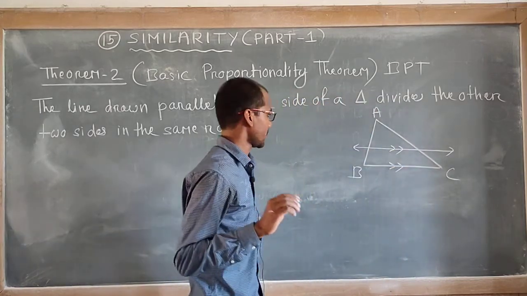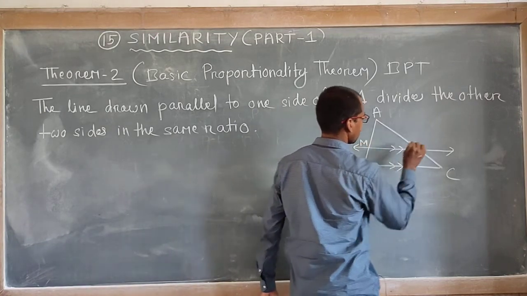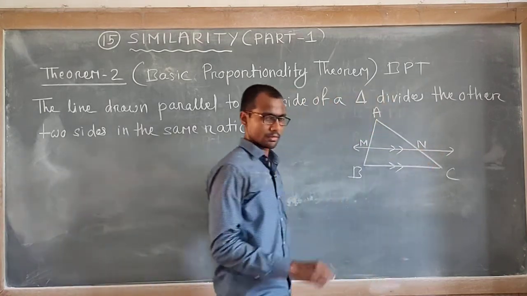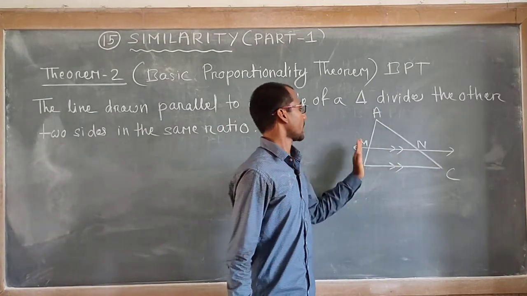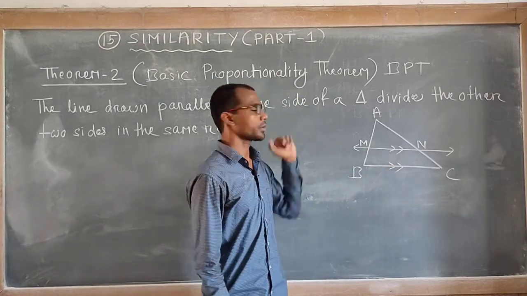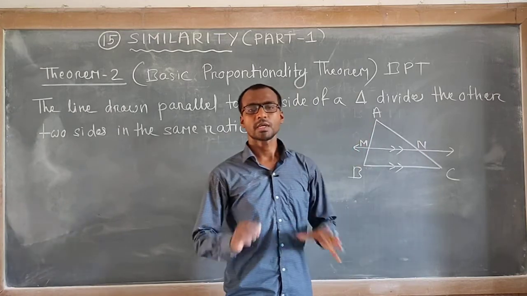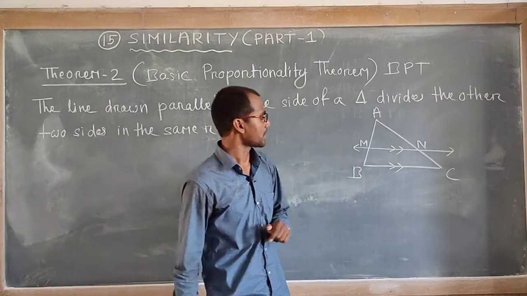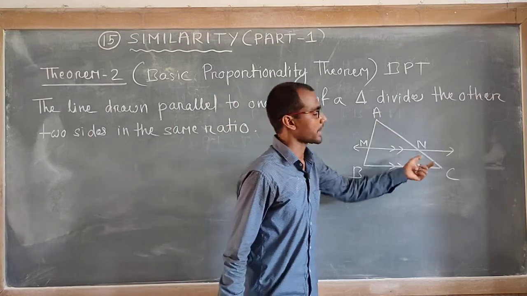Suppose this is M, this is N. So line MN has been drawn to intersect AB and AC and is parallel to BC. Then according to this theorem, these two sides, AB and AC, will be divided in the same ratio. That means we will get AM by MB is equal to AN by NC.